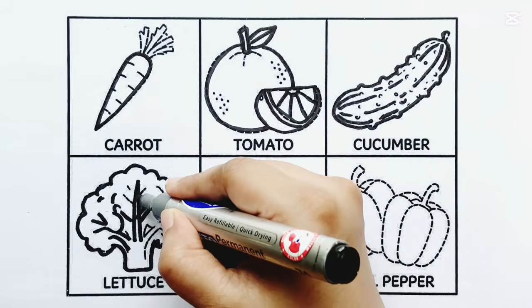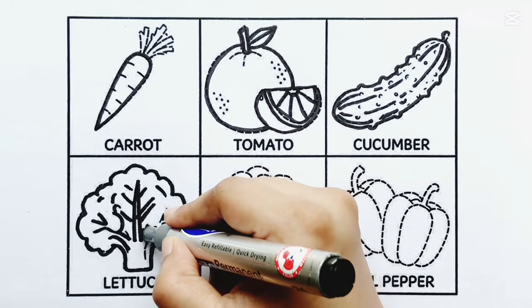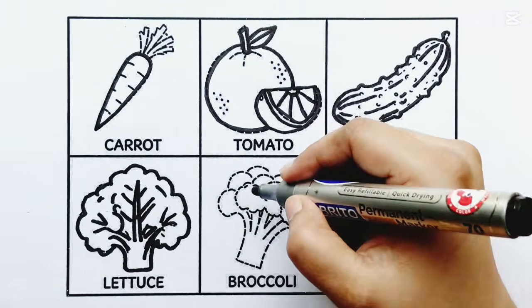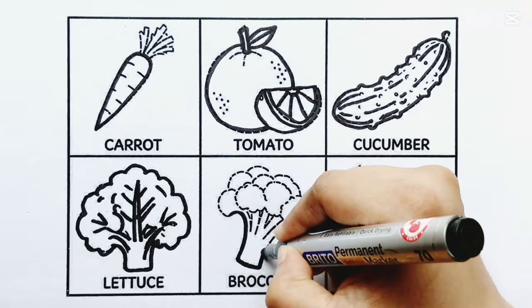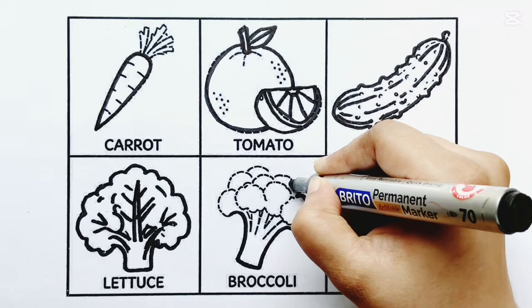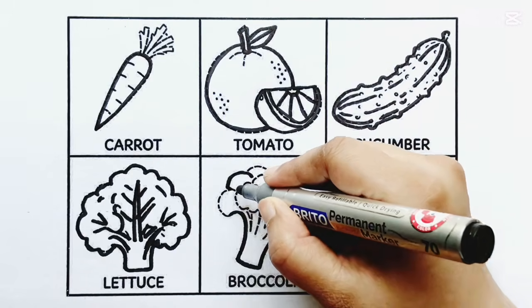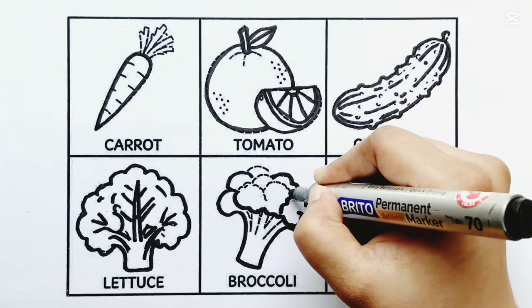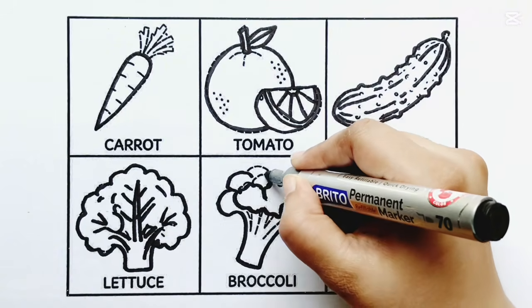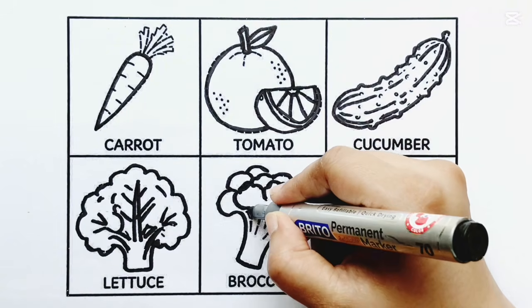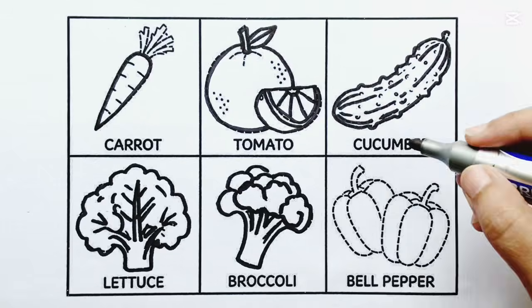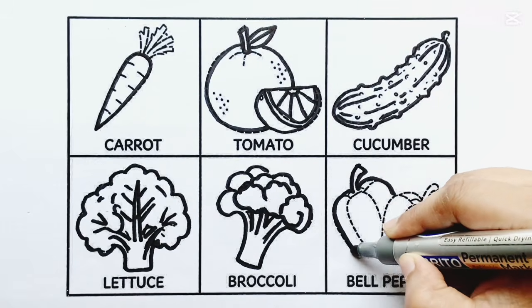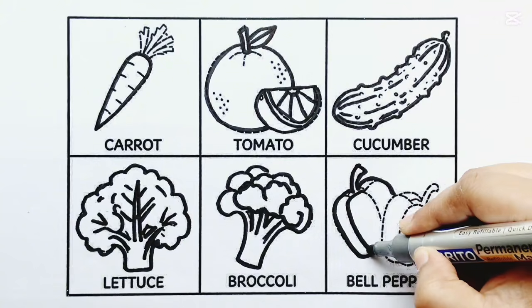I draw lettuce. Next vegetable is broccoli. B for broccoli. B for bell pepper.